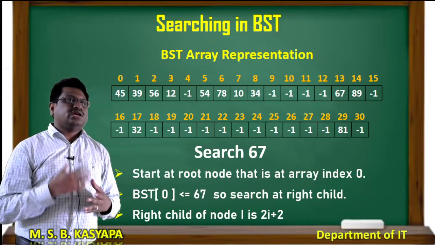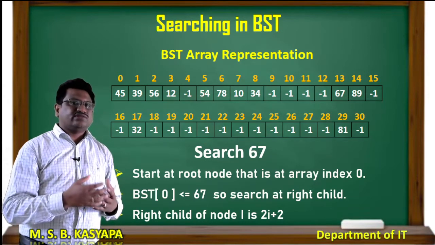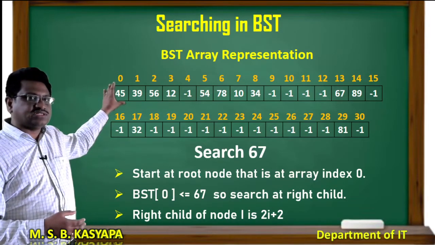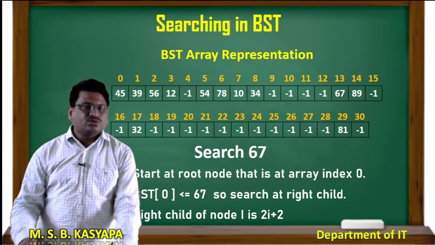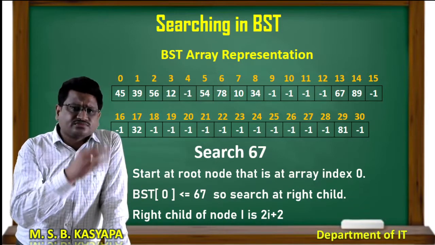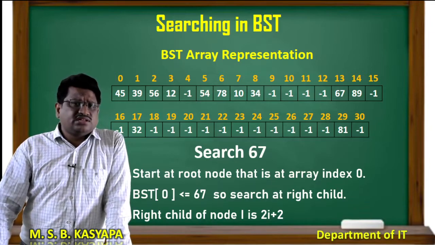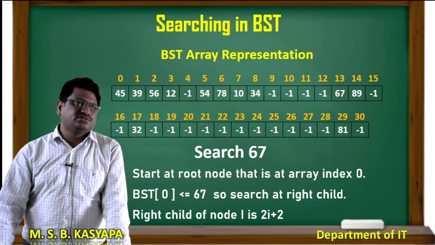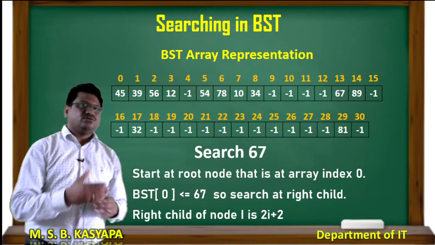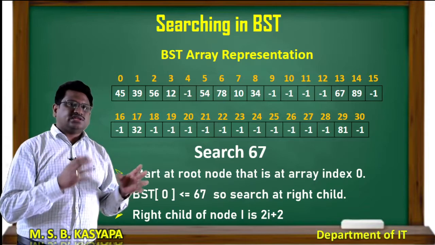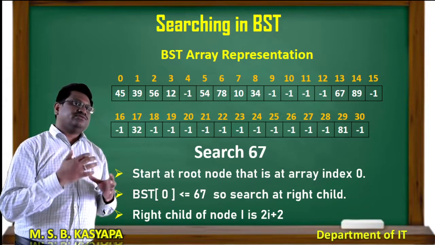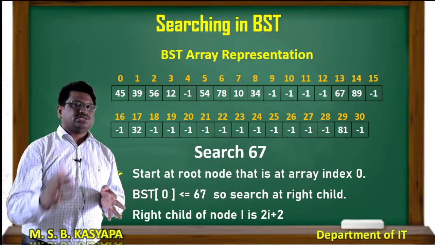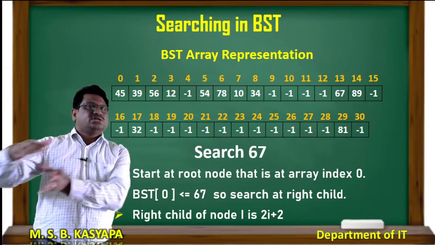So, I am checking whether this 45 is equal to 67 or not. Why? Because it is the root node, am I right? I am checking whether the root node is equal to the desired value or not. The desired value is 67 and the root node is 45. It is not equal, so I have to check whether it is a lesser or greater value. 67 is greater, so I have to search in the right subtree.